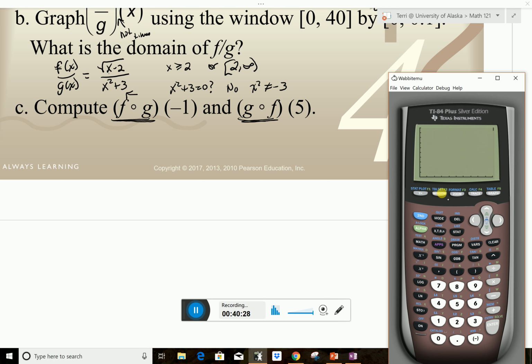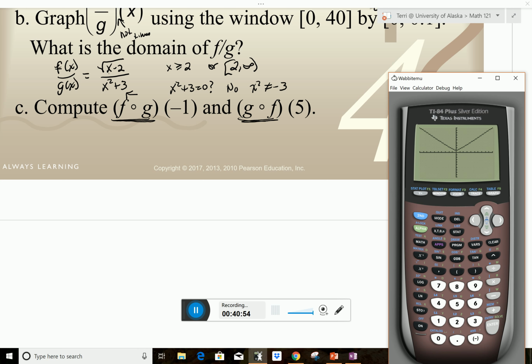Oh, I need to stretch my window out a little bit, sorry. All right. Let's just zoom to standard and see what it looks like. That's what it looks like. That's f of g of x.